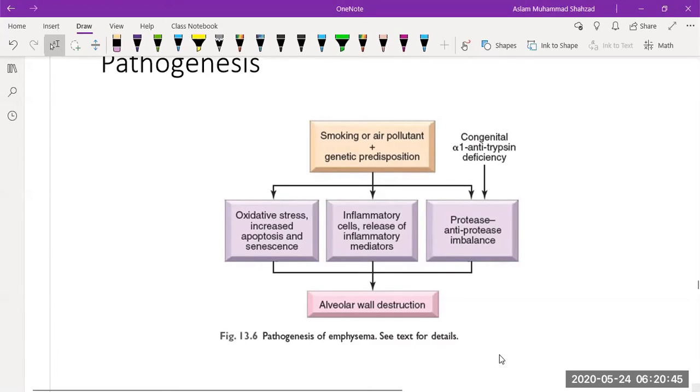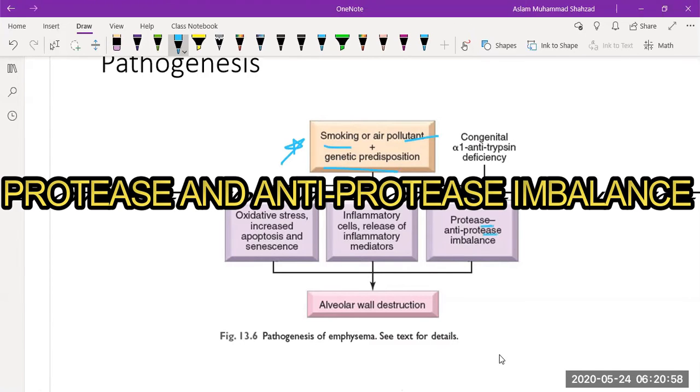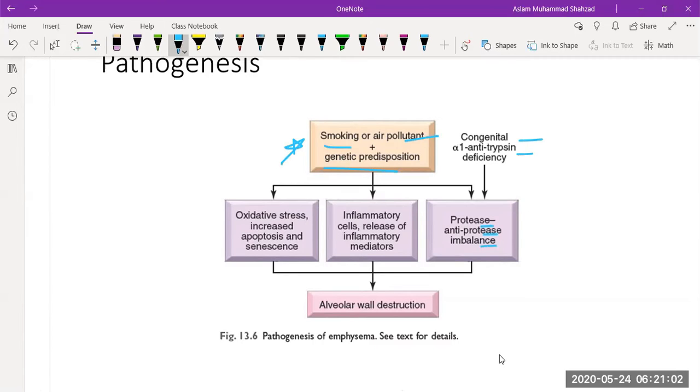So smoking is one of the factors. Then genetic predisposition, sometimes genetic factors are also important, for example the protease and anti-protease imbalance caused by congenital alpha-1 antitrypsin deficiency.